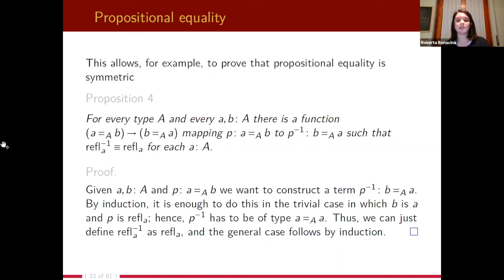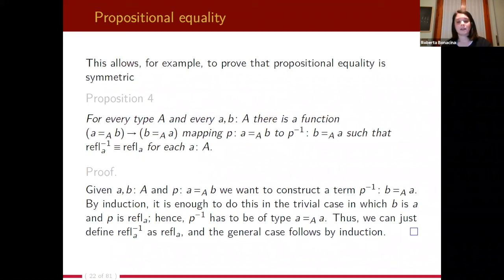We can do this using induction. So we have a and b of A, and p, and we want to construct p^-1. But by induction, we can just do this in the trivial case. The trivial case is the one in which b is just a, and so p is simply reflexivity.